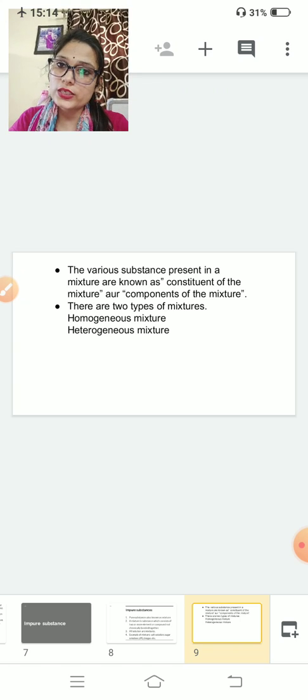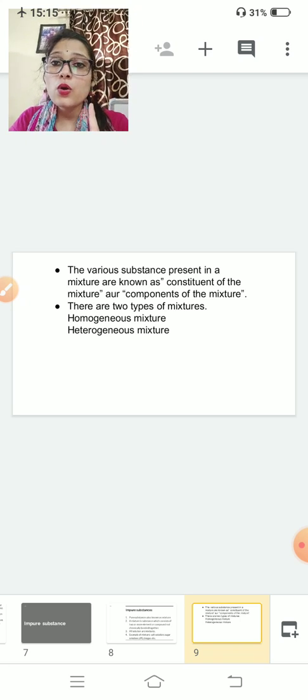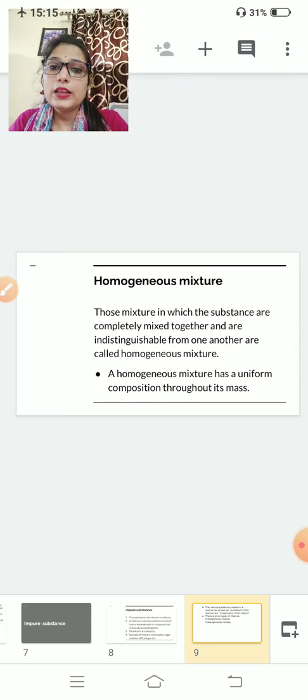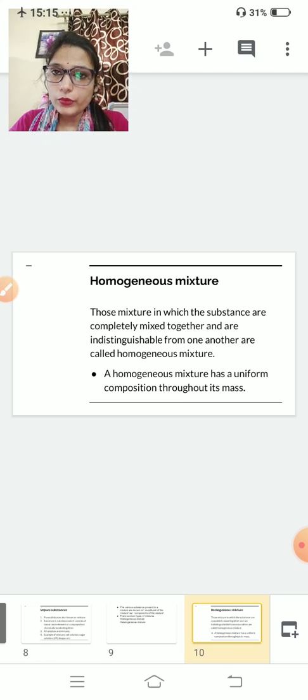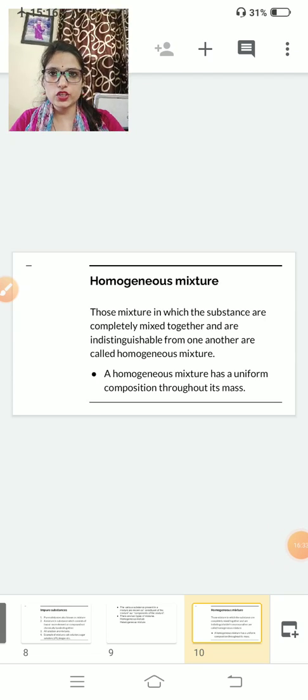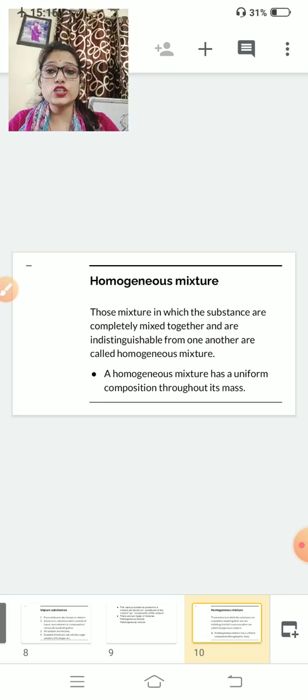One is the homogeneous mixture and one is the heterogeneous mixture. So move to the homogeneous mixture. What do you mean by a homogeneous mixture? Homogeneous mixture means those which are completely mixed with each other.